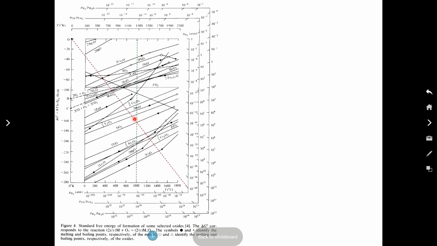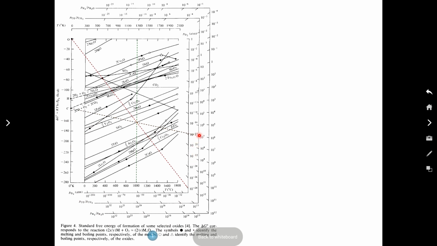Okay, if you want to get the answer in terms of the other axis, the ratio of CO to CO2 or the ratio of hydrogen to water vapor, you can do that. For example, if you are interested in CO2, use this reference point C and do the same exercise. Go through that temperature intersecting point and come all the way to the CO/CO2 axis.